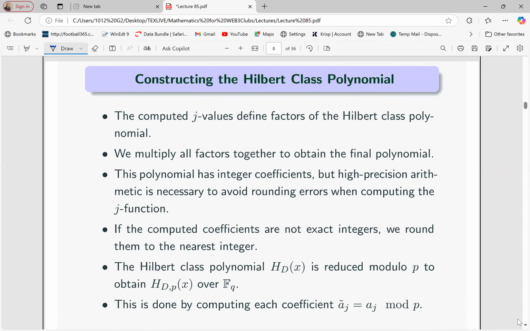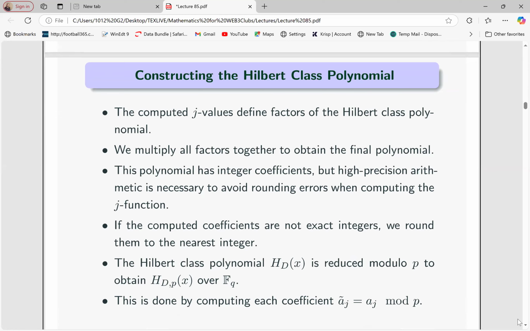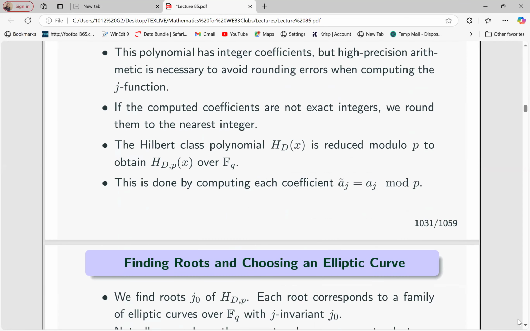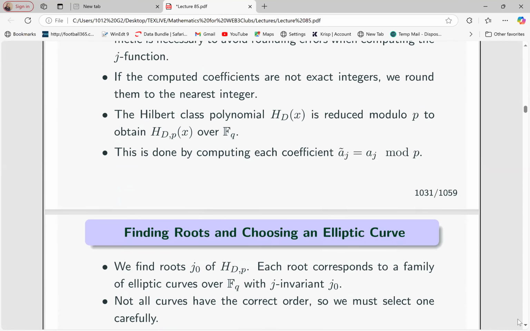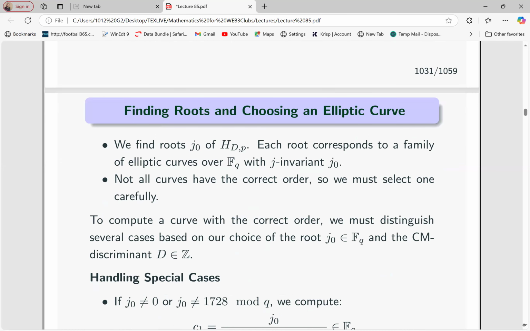You'll go through all the things I've written here, but I'm just giving a summary of the procedure. Once we have the J invariant, which we'll get using our Rust code, we want to come up with the polynomial, the equation.